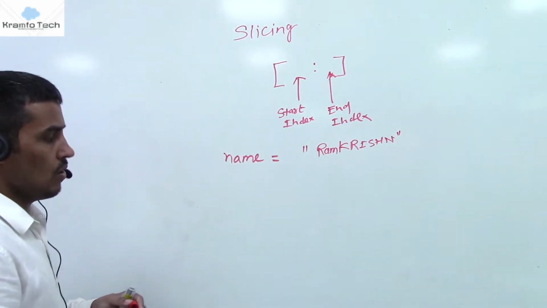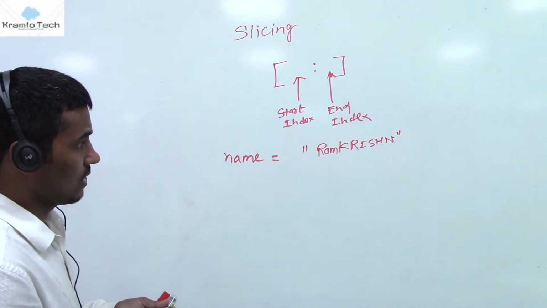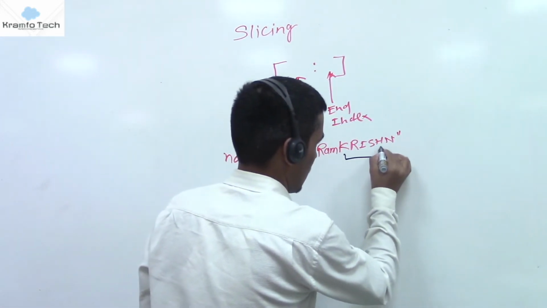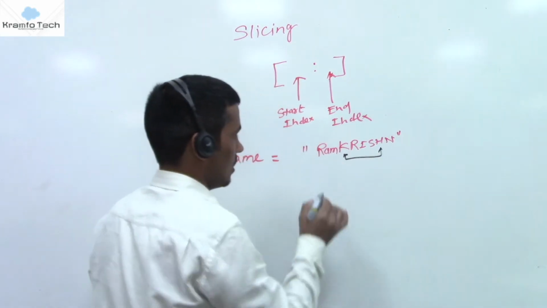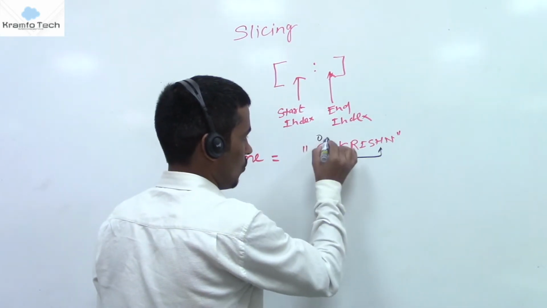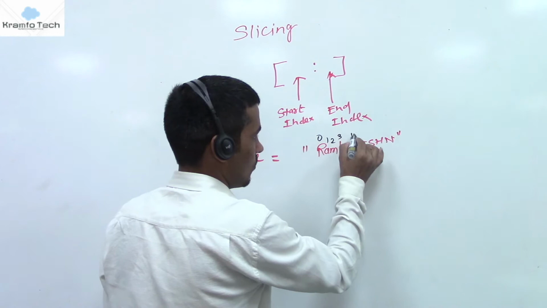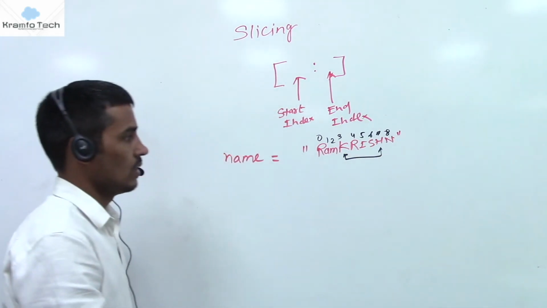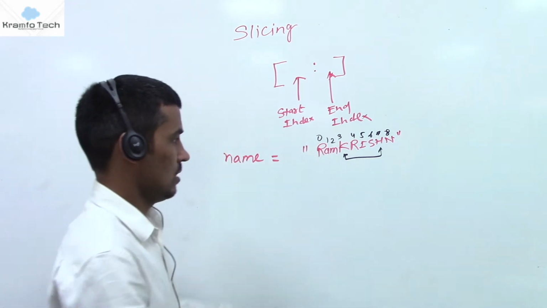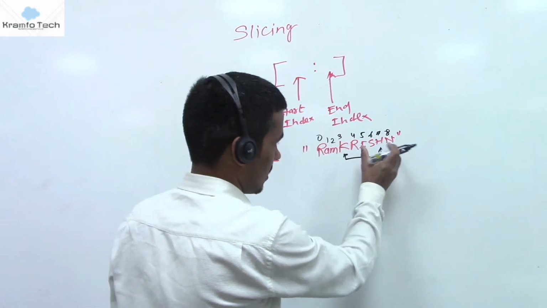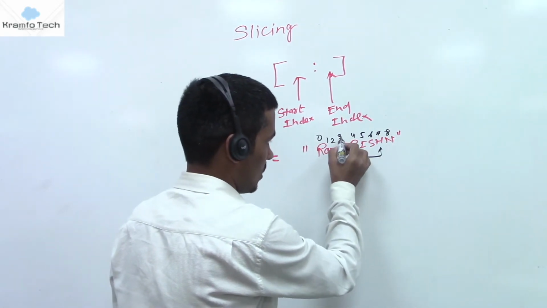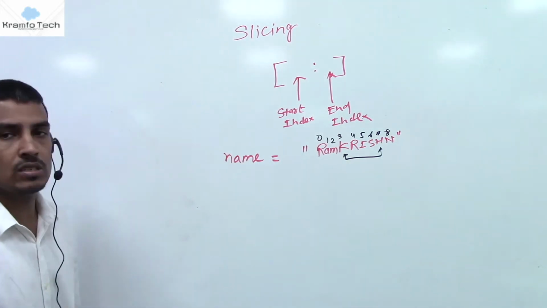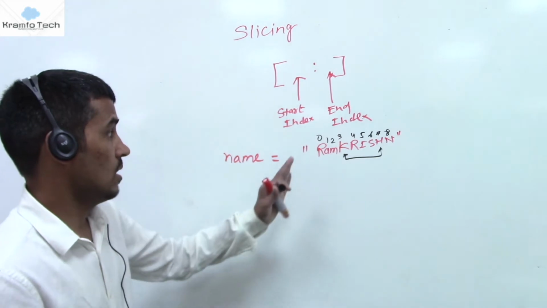Now if I want to get the string Krish, this part, let's see the index values: 0 1 2 3 4 5 6 7 8. So we have 9 characters, and I want to get the string from 3 to 7. How do you do this slicing?